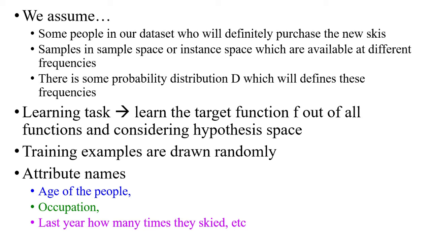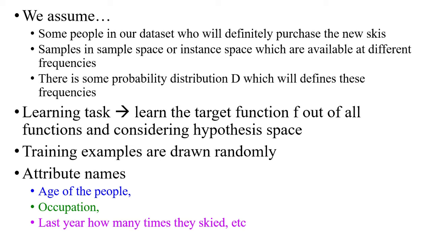It doesn't mean that the instances will have only samples which will purchase new skis, but it will indicate that there exists some probability that people are there who will purchase the new skis.